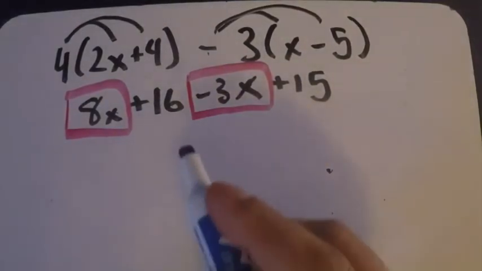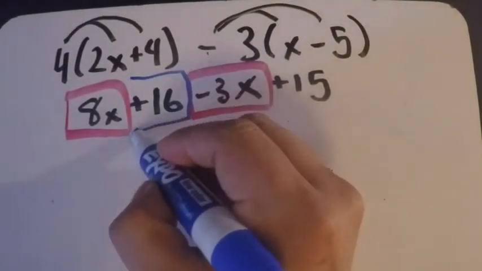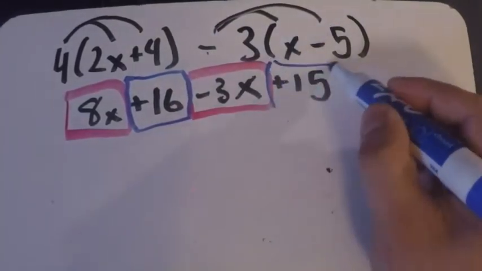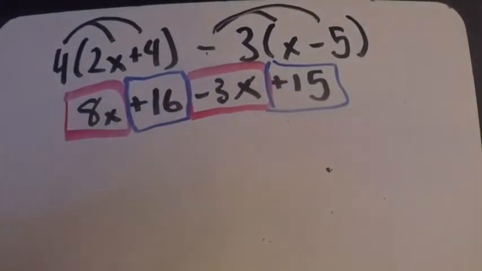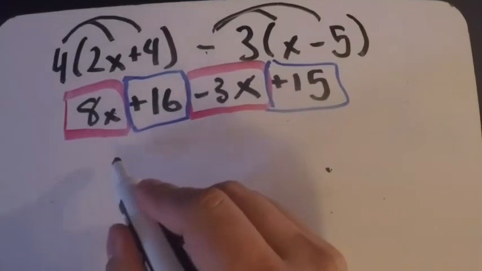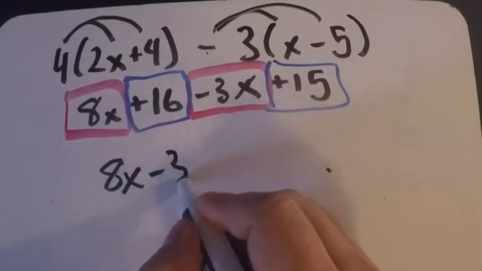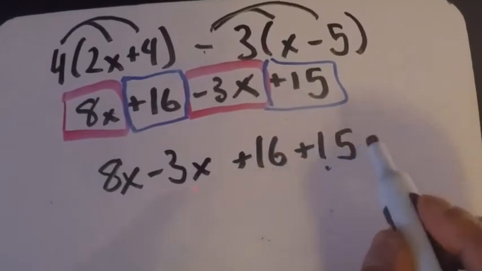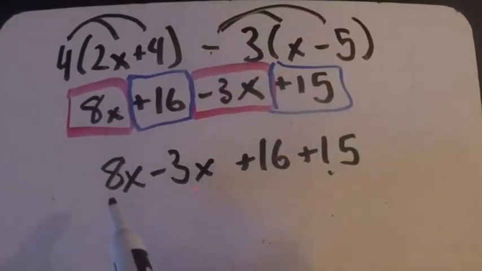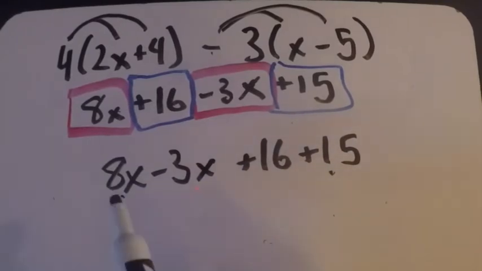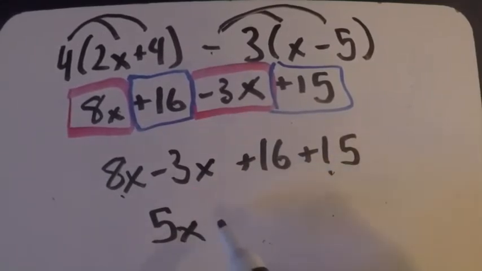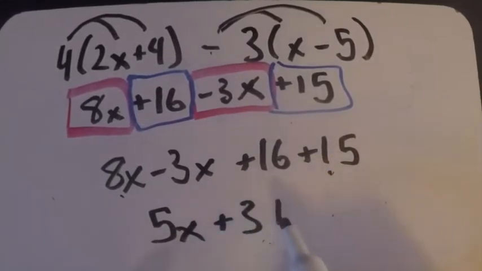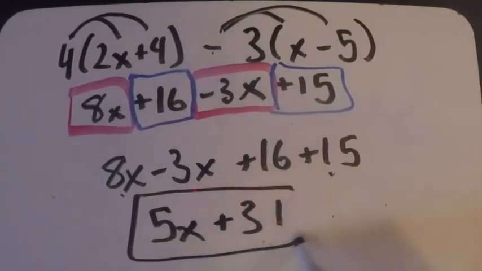And our other set of like terms, which is just our numbers here, positive 16 and positive 15. So we can rearrange them so they're next to each other: 8x minus 3x plus 16 plus 15. Then we simplify 8x minus 3x, subtracting the numbers in front, to get 5x. Then 16 plus 15 is plus 31, which would be our simplified answer here.